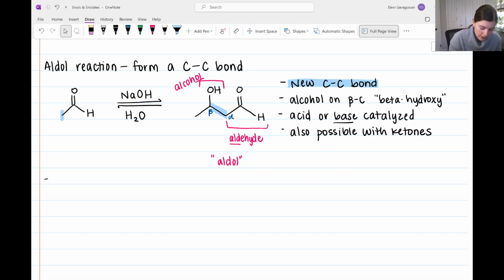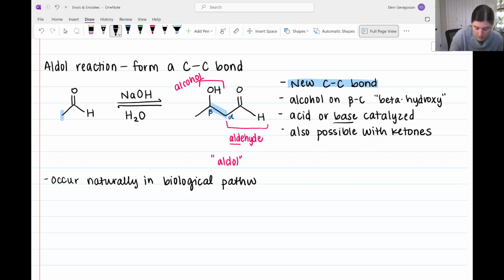These reactions occur naturally in biological pathways. Our aldol reaction occurs in the Krebs cycle and in gluconeogenesis.